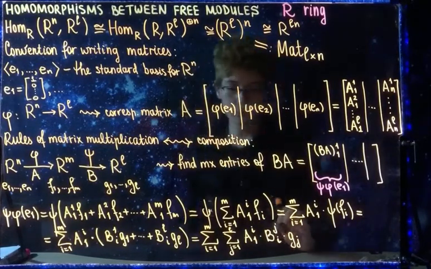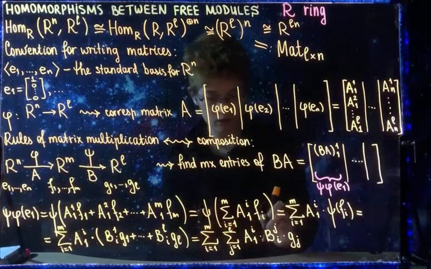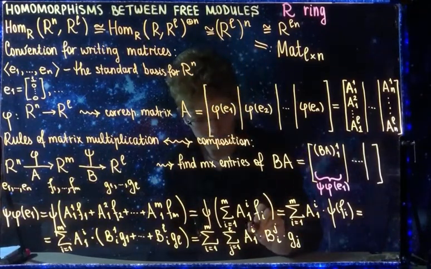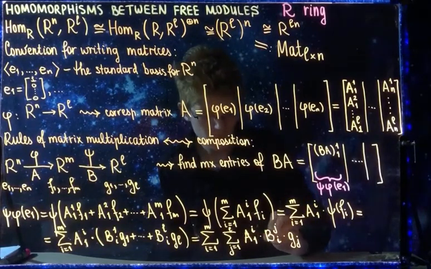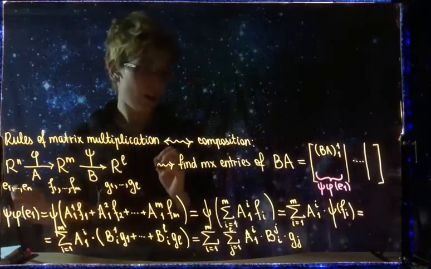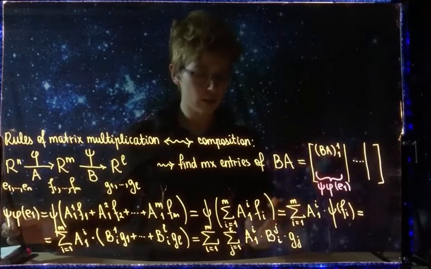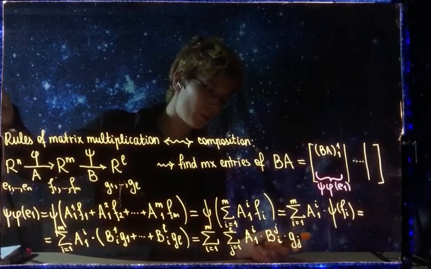And sometimes people just don't write this part with the summation because they understand that when you have repeating indices on the top of one matrix and on the bottom of another matrix, then you sum over those indices. Anyway, we can extract our coefficient BA11 from here by taking the coefficient in front of G1.